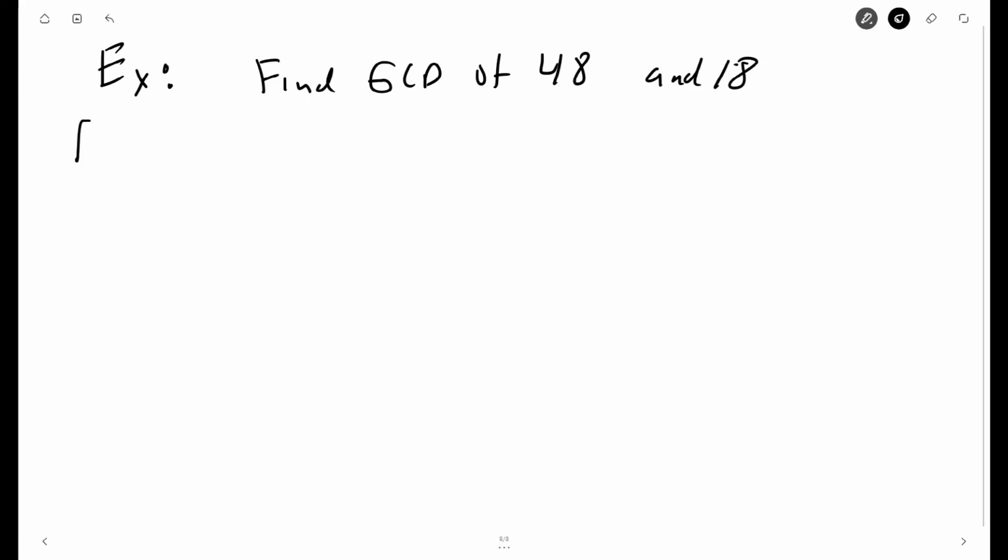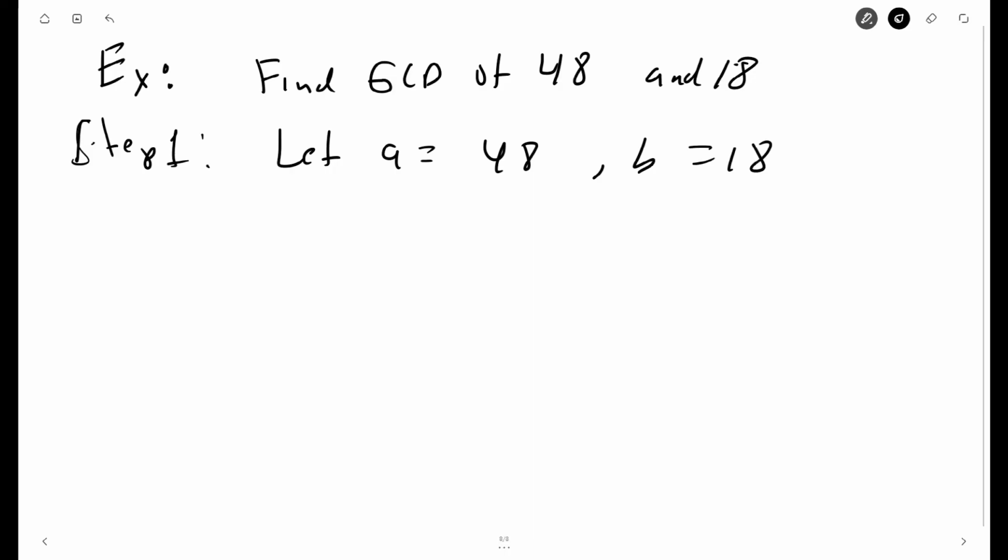First step, let A equal 48 and B equal 18. And we know that A is greater than B since 48 is greater than 18.